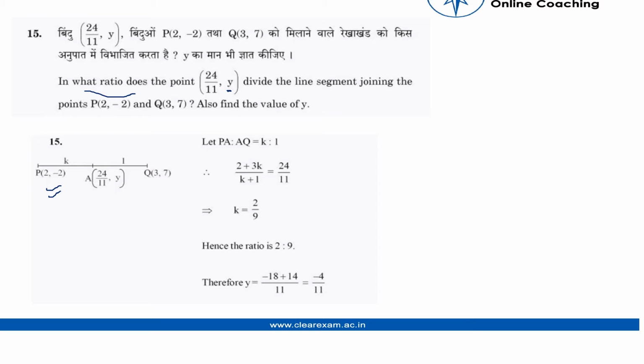Now, applying the formula, the point which divides the line segment is given by its x coordinate, which is x1 into n plus x2 into m upon m plus n. Here m and n are k and 1.